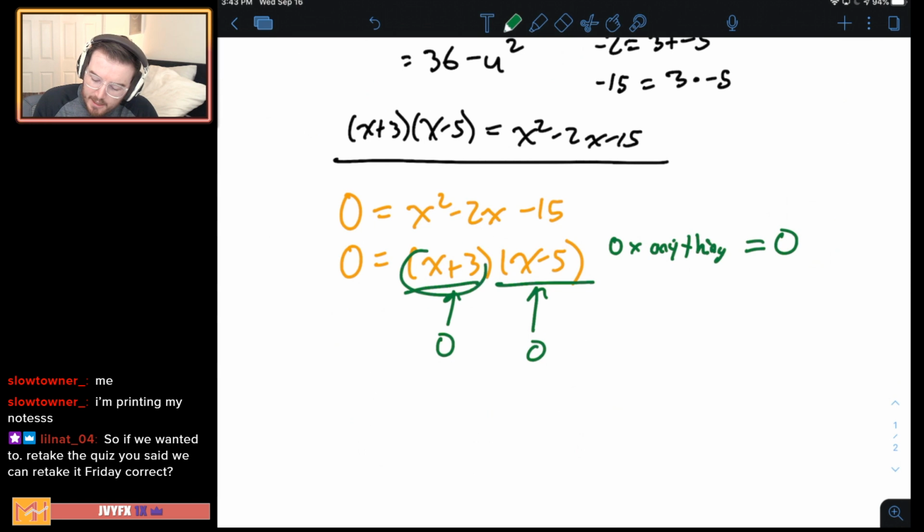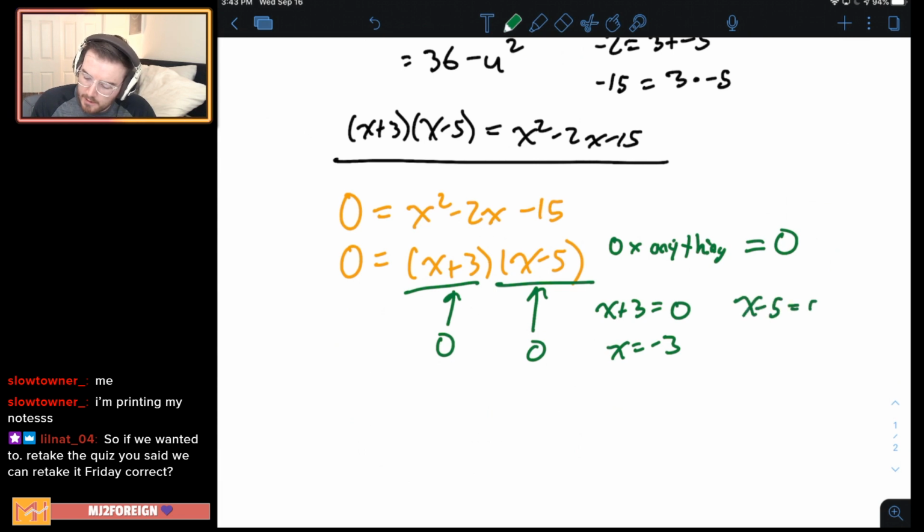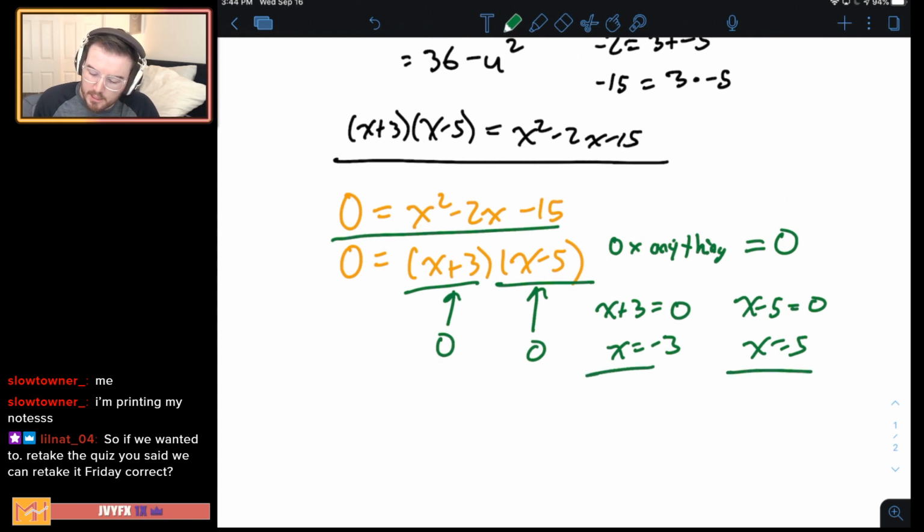So if I set this factor equal to 0 and solve for x, I get x equals negative 3. And if I set this factor equal to 0, then I get x equals 5. Those are my two solutions to this equation.